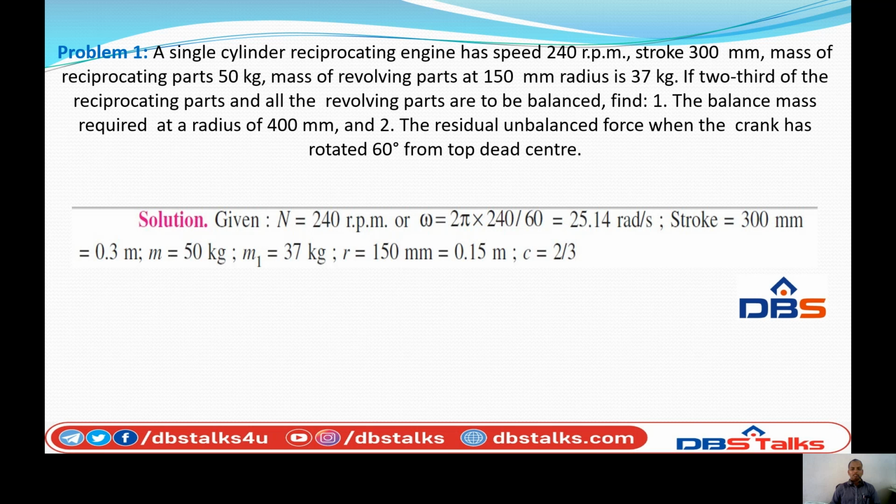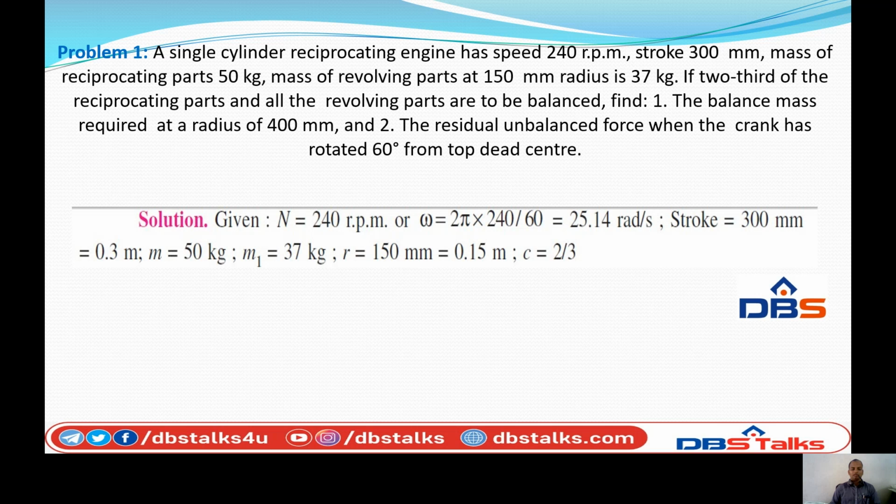And the next thing is, if 2/3 of the reciprocating parts and all the revolving parts are to be balanced, that means c is equal to 2/3, find the balancing mass required at a radius of 400 mm.